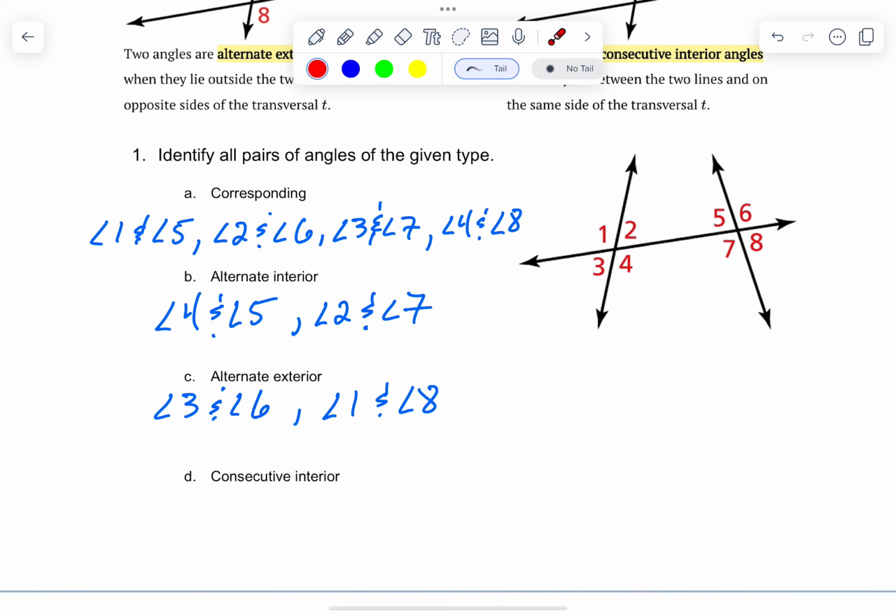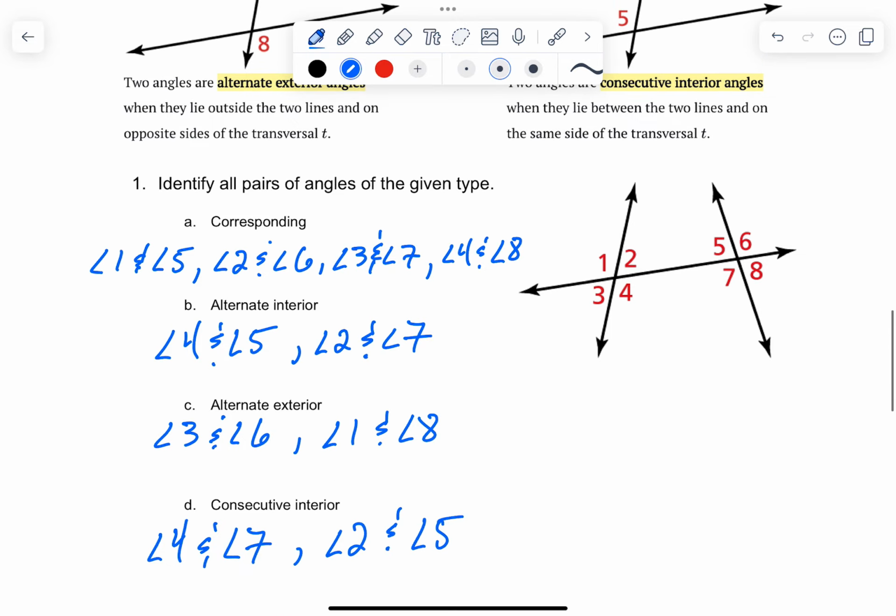Consecutive interior, which again, some people think of as same side interior. So inside the two lines, same side of the transversal. So 4 and 7. And then the other pair would be angle 2 and angle 5.